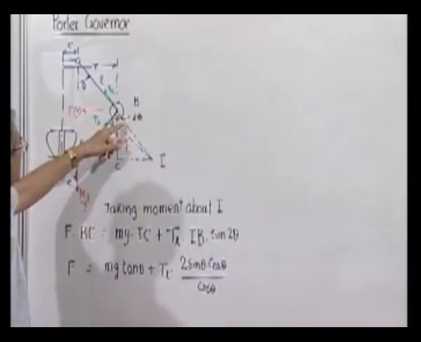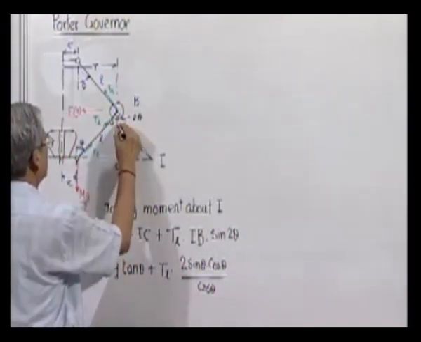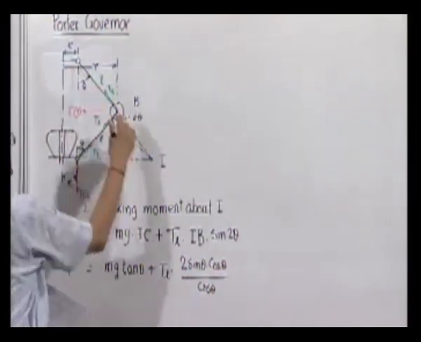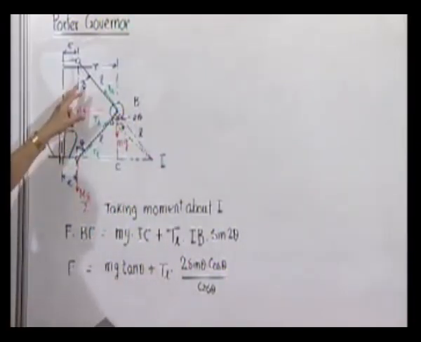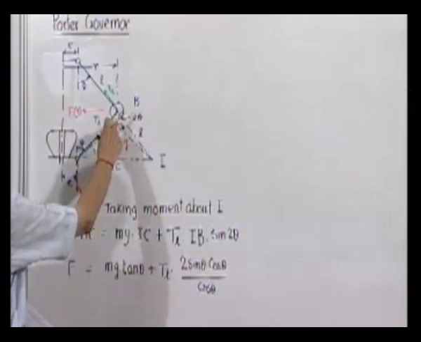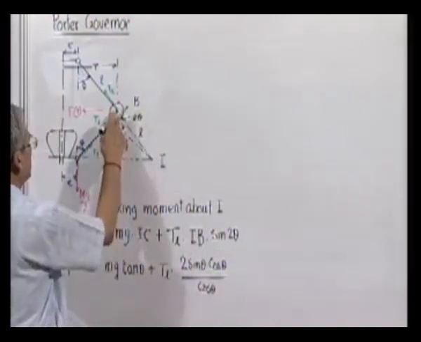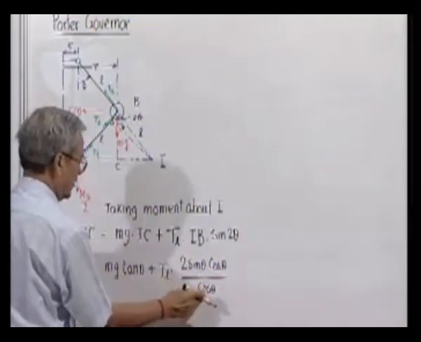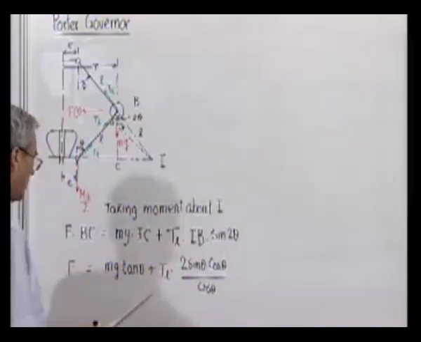So, IC by BC is nothing but tan theta, this is theta, because this length is L, this length is L, this length also becomes L, because this is symmetric, this angle and this angle they are same. So, therefore, IC by BC is nothing but tan theta, and IB by BC is nothing but cosine theta. So, this cosine theta is, sorry, BC by IB is cosine theta, in the denominator.